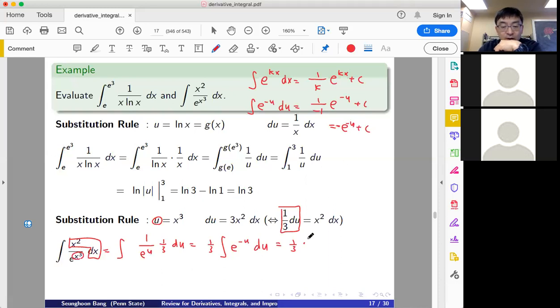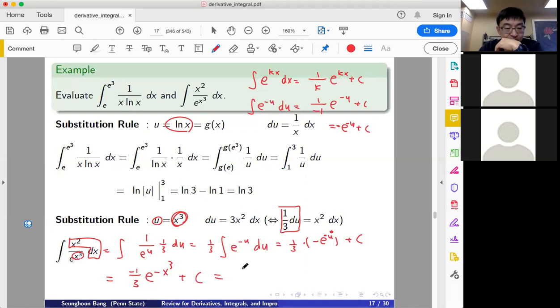So we have negative e to the negative u plus c. Next, change back. Minus 1 times one third is negative one third, times e to the negative u, where u is x cubed, plus c.